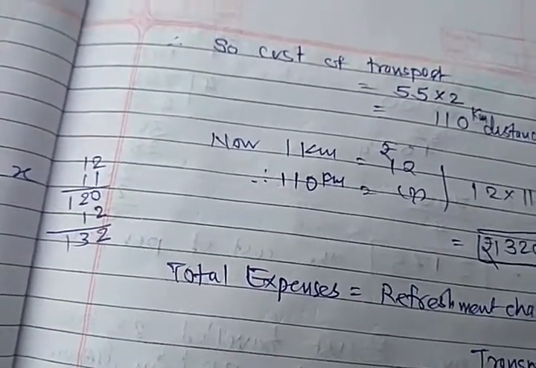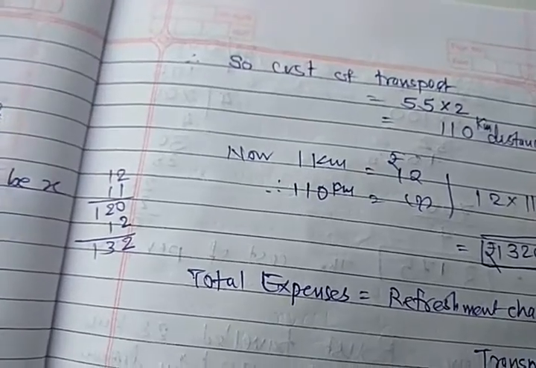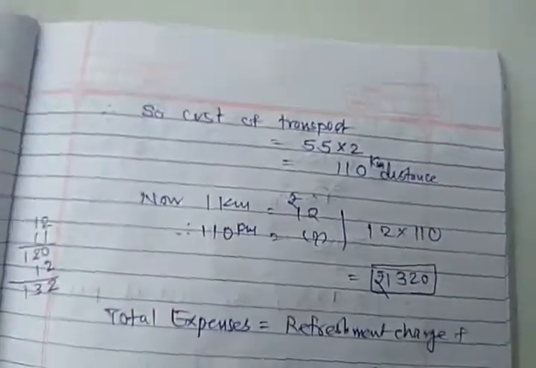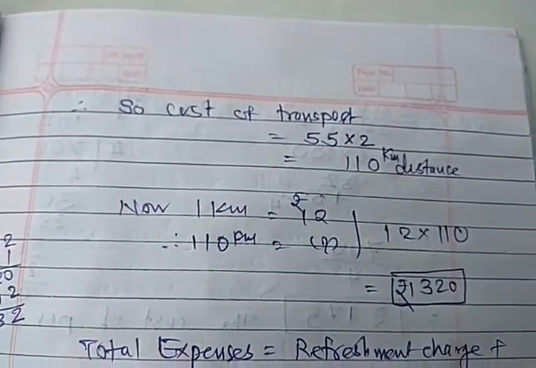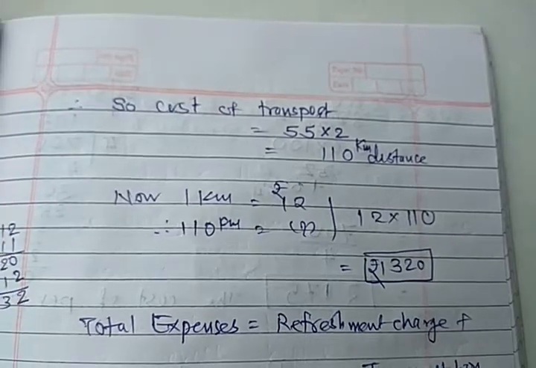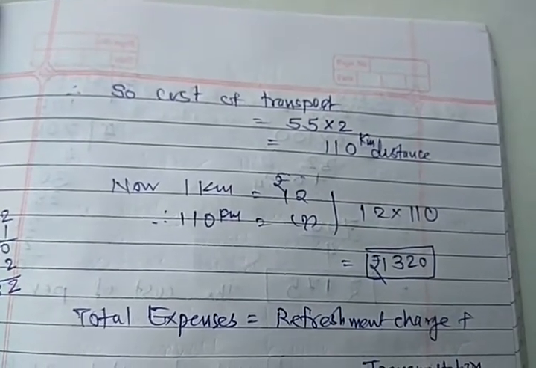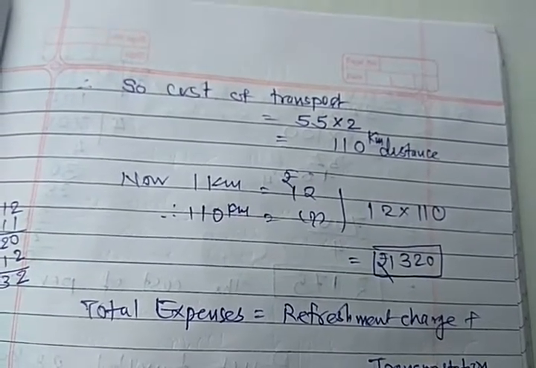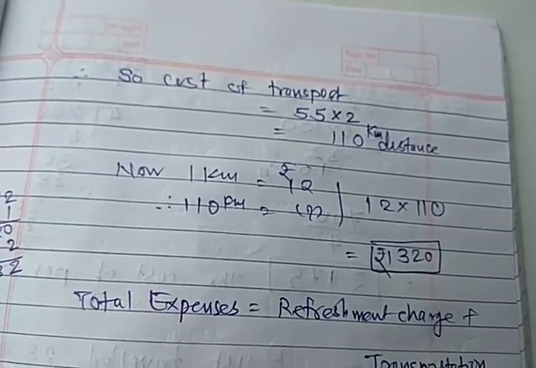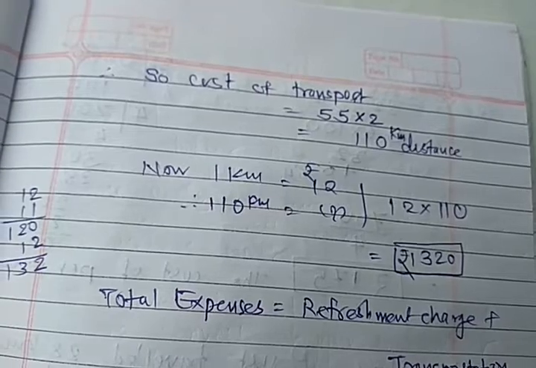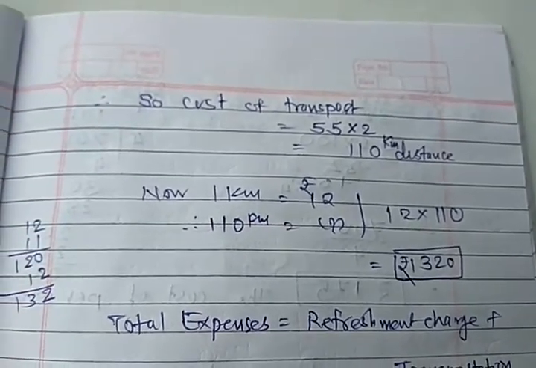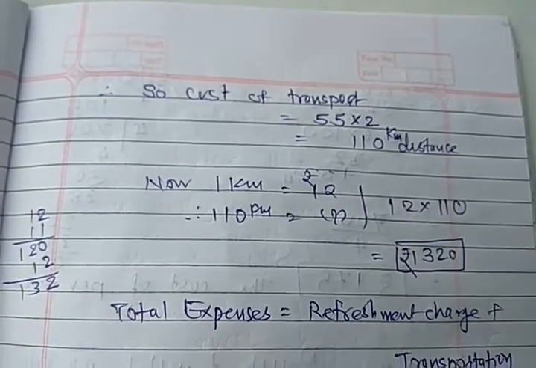So first of all we are considering the total members in that picnic. First we find out the cost of transport. The picnic site is 55 kilometers from the school, means 55 kilometers you will go and then come back. So the cost is 55 into 2, that is equal to 110 kilometers distance.